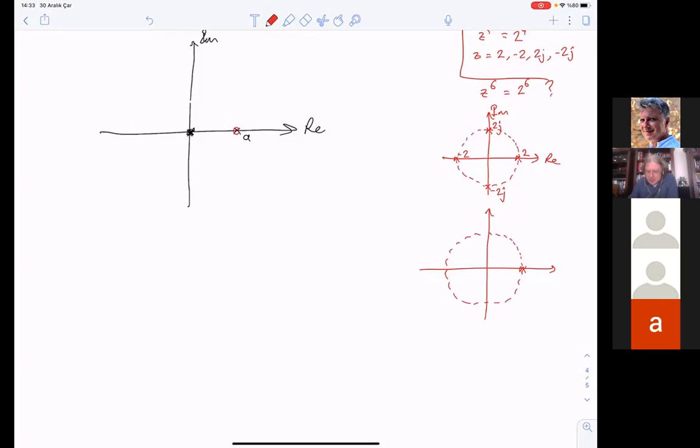Then the others will be, one of them will be at 60 degrees, because 360 divided by 6 is 60 degrees. So each one is separated by 60 degrees. The other one is at 120 degrees, sorry. The other one is at 180 degrees. The other one is here, which is 240, I guess, whatever. The other one is here.